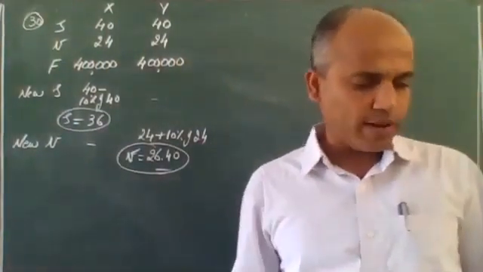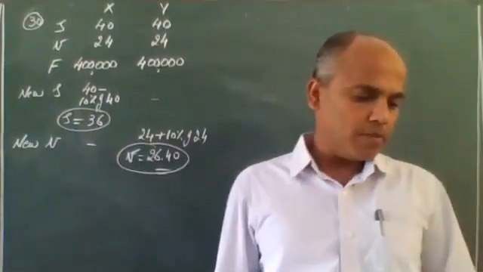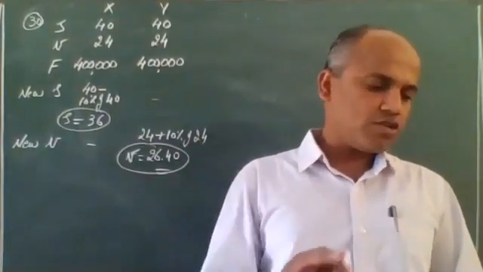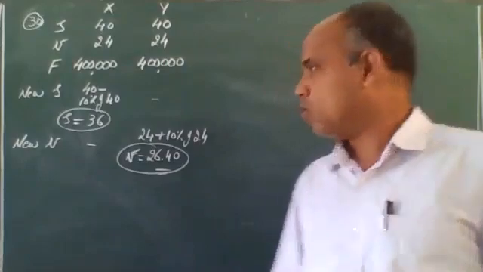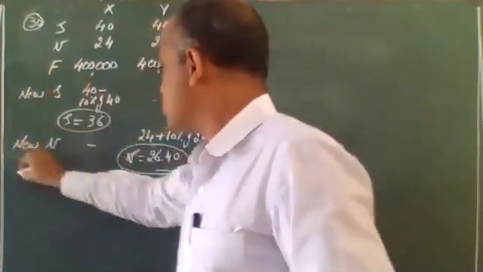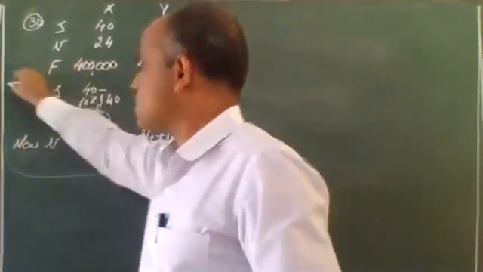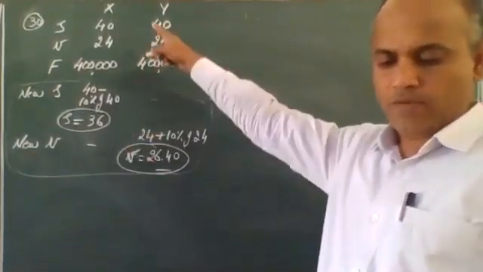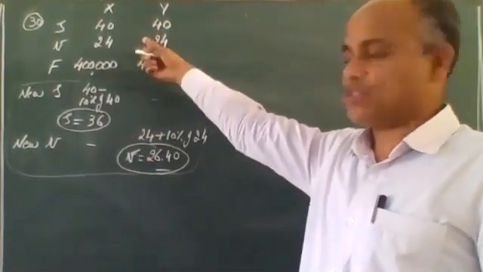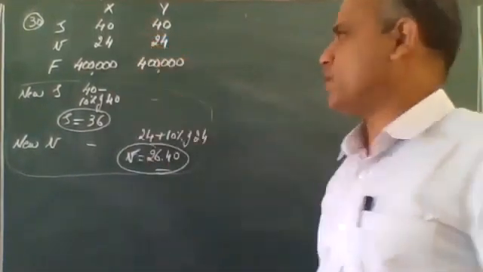Okay, the question goes like this: compute the break-even point before the change in the price and cost. Forget this. So even before these changes have taken place, it is asking you to find out the break-even point before the changes in the prices and cost. So it's very simple.